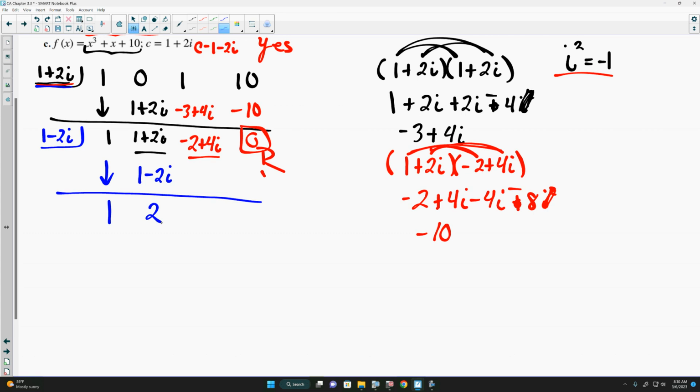So we just have 2. Now I have to do 1 minus 2i times 2. Well, 1 times 2 is 2. Negative 2i times 2 is negative 4i. Negative 2 plus 2 is 0. 4i minus 4i is 0. Yes?